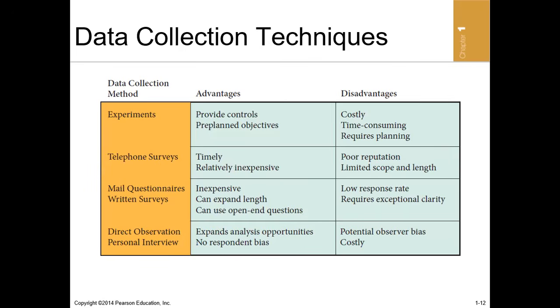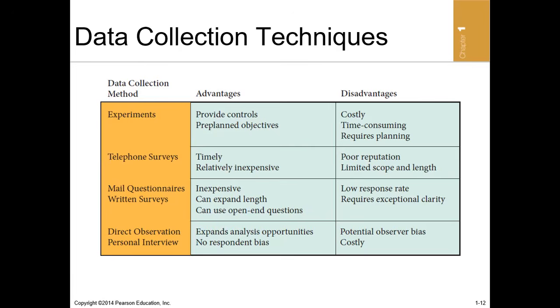For questionnaires, when you mail questionnaires for people to answer, it is relatively inexpensive, and you can expand the length. And you can use both open-ended questions and closed-ended questions. But the disadvantage is that because questionnaires are not real time, you just give it to the person to fill. What it means is that you can have a low response rate. People will not fill everything because you are not on them.